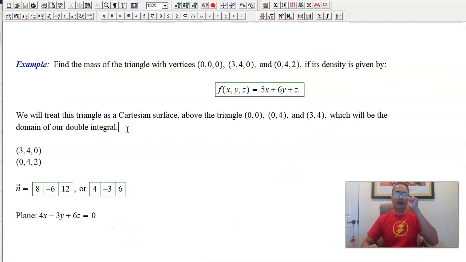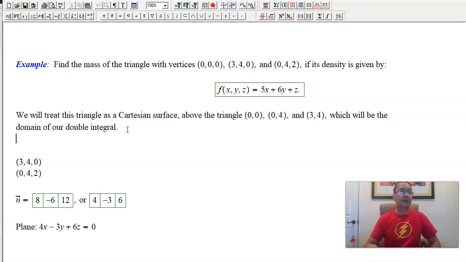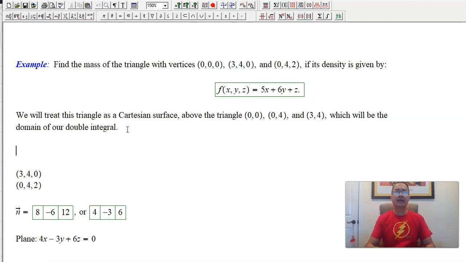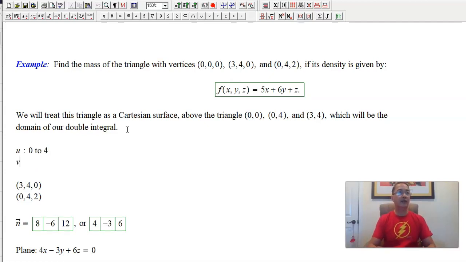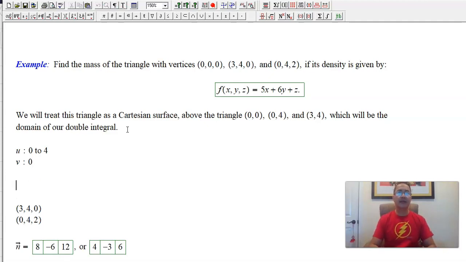We said that we're going to treat this as a type 2 domain, this triangle that we're going to use to parametrize our surface. So we will have u going from 0 to 4, and then v will go from 0 to the line connecting the origin to 3, 4. So u is our y.